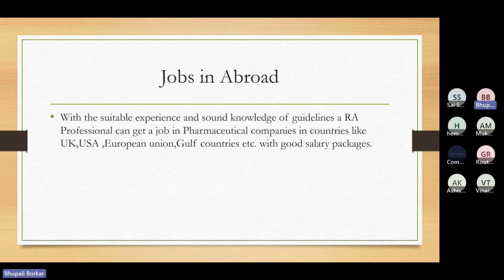Even in Canada, you have to take IELTS. For USA, there are other exams like GRE, TOEFL, and in the Gulf, there are their own examinations. So you have to clear them, or you can directly go and start studying over there, and then you can get a job in the pharmaceutical industry.